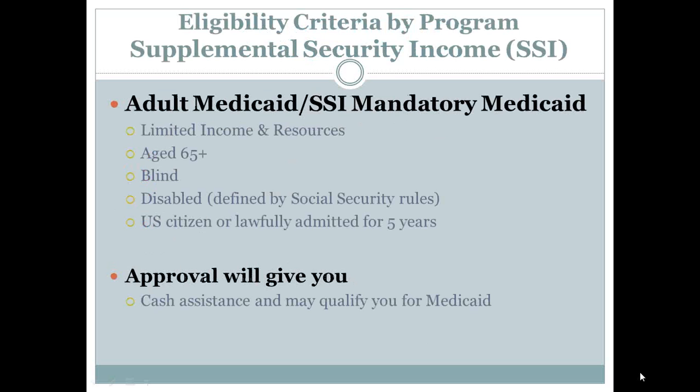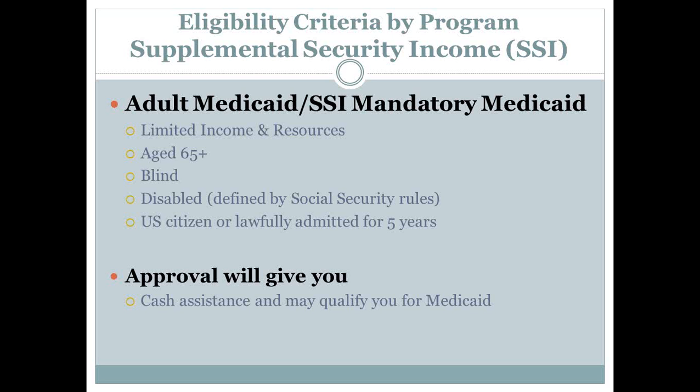So getting started, the eligibility criteria is listed here based on the amount of money you get as income for these programs. So you can see that the adult Medicaid, SSI, mandatory Medicaid programs are limited income and resources, and for people that are age 65 or older, or that are blind or disabled as defined by the Social Security rules.